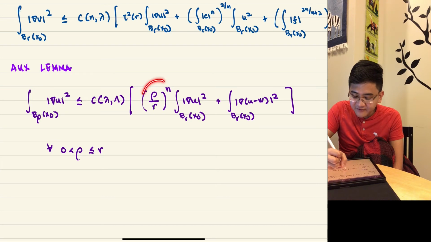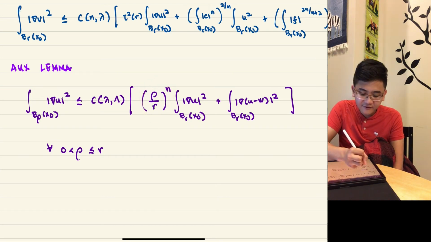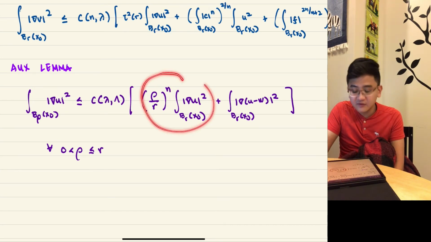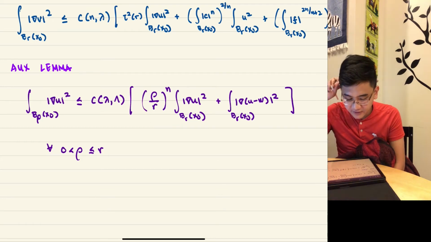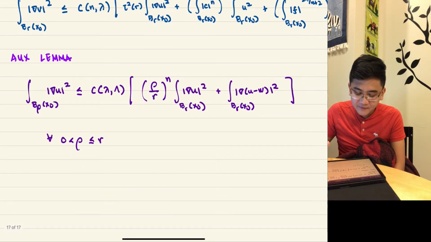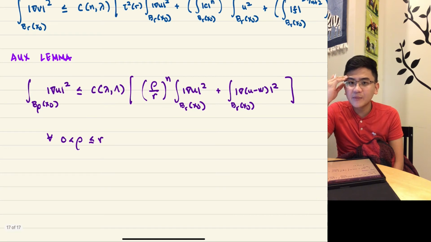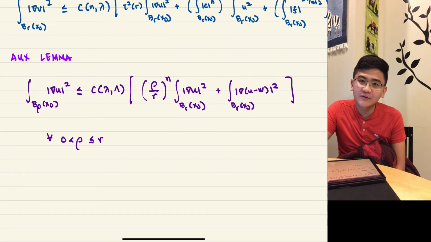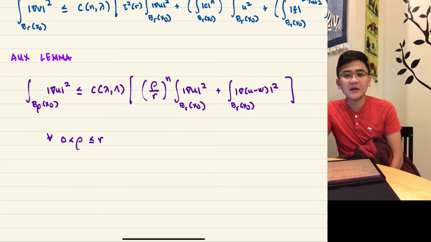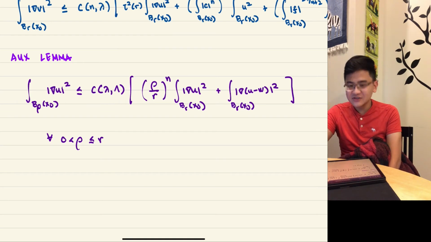And we have this factor here as well, so that if rho is smaller, this loses contribution. So it's some kind of technical lemma, and I think Han and Lin in their book call it a comparison with harmonic functions kind of lemma.